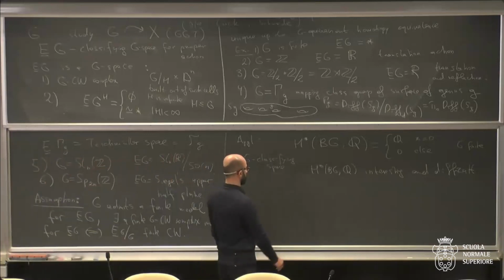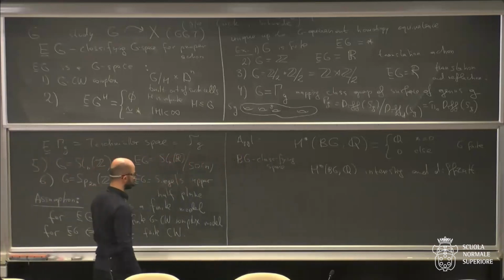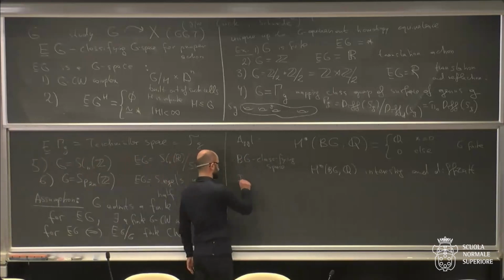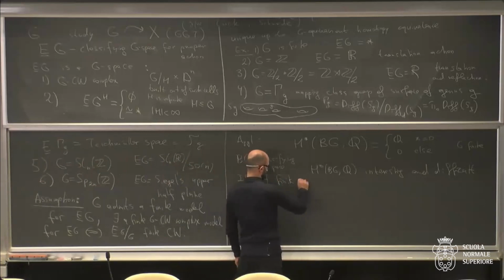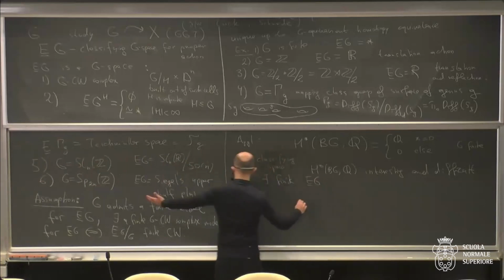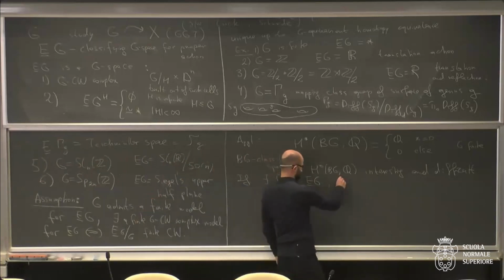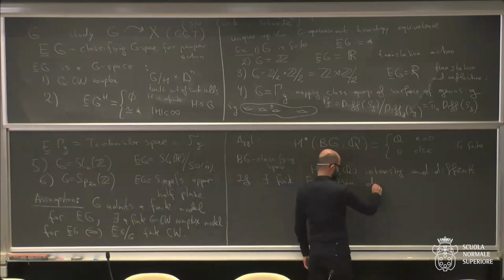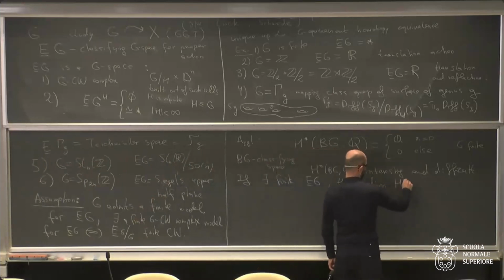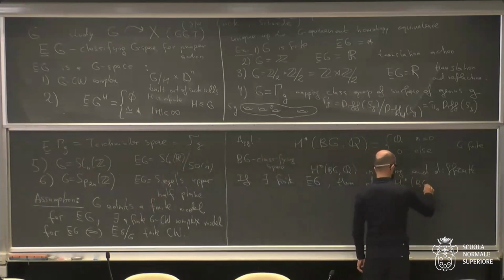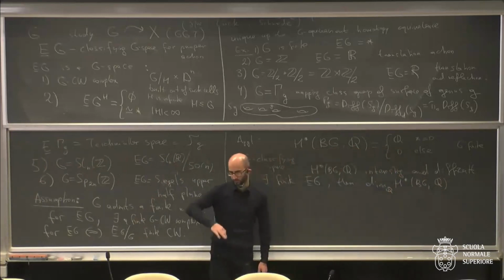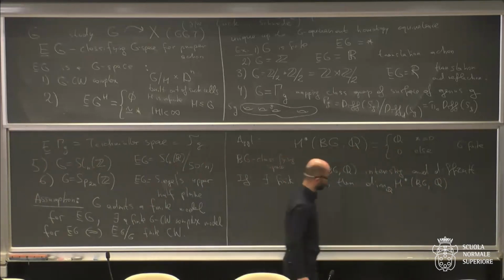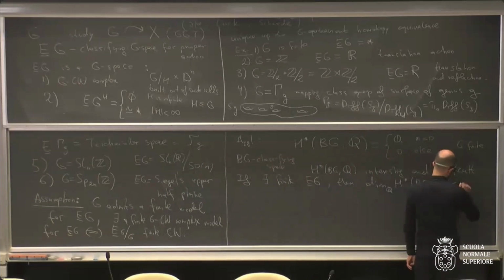So, well, it turns out that if there exists a finite E under bar G, so if the assumption is satisfied, then the total dimension of this rational cohomology as a graded object is finite.